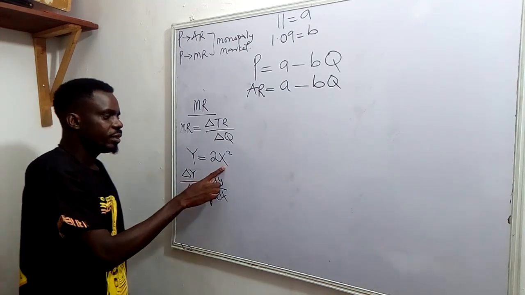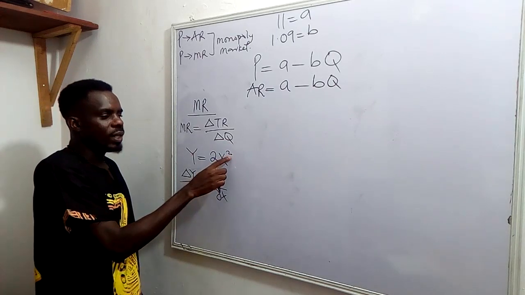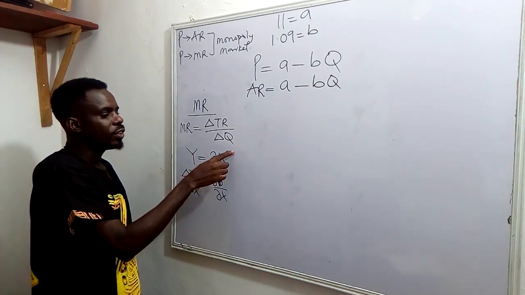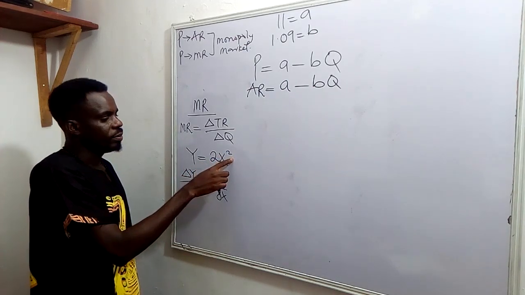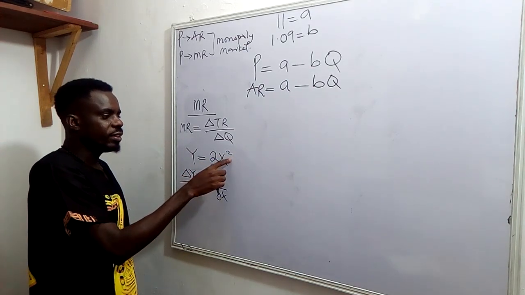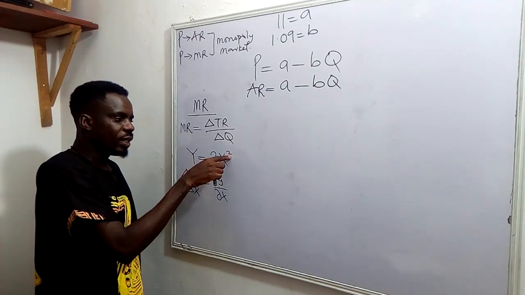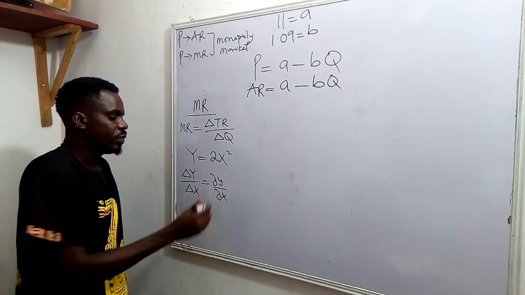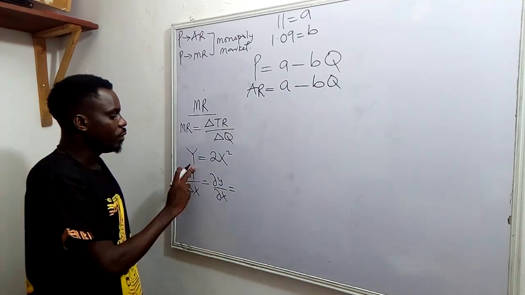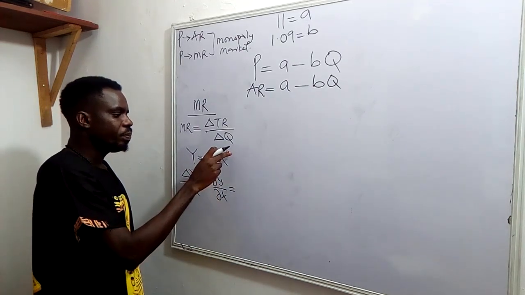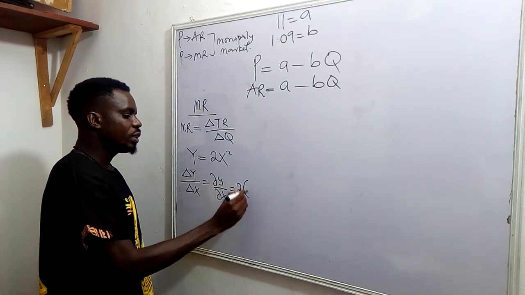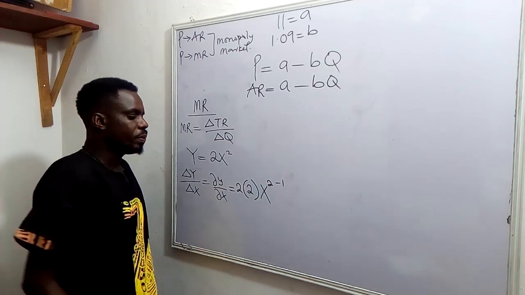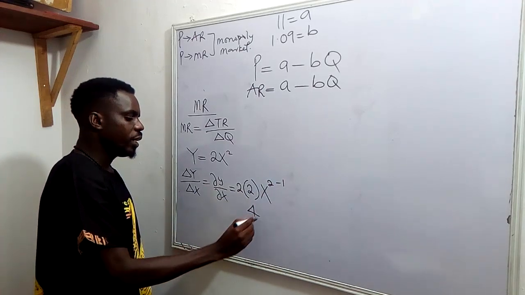To differentiate this, we multiply the power, which is 2, by the coefficient, and we deduct 1 from the power. This will give us 4x.